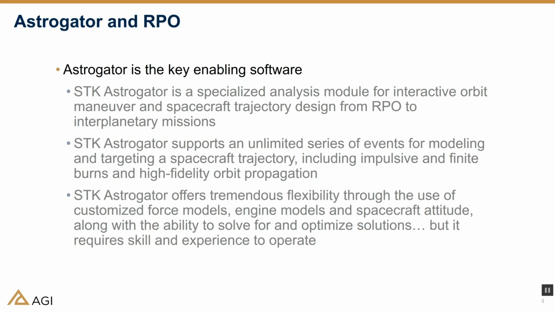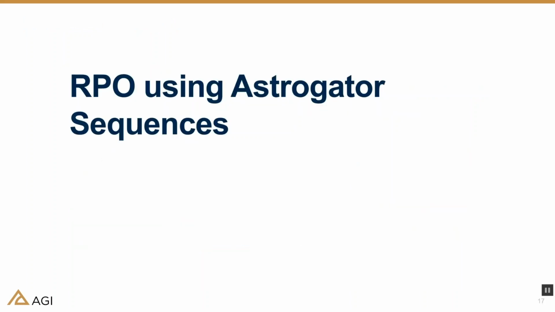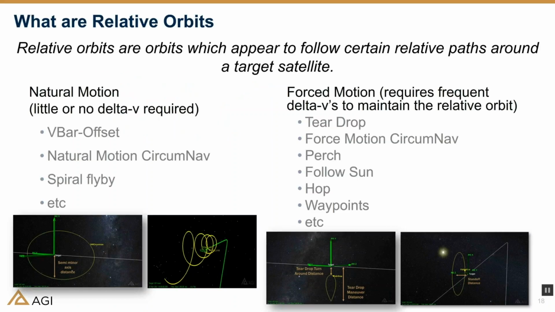So all of this planning can be done using full finite, even including a relatively low thrust type RPO mission. So let's take a look a little deeper then into these RPO sequences that we've built inside Astrogator for use in the RPO mission.